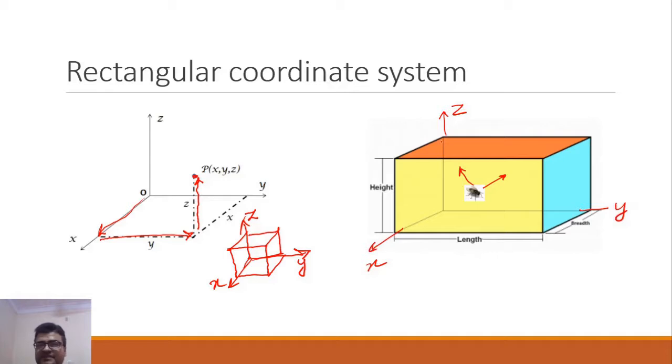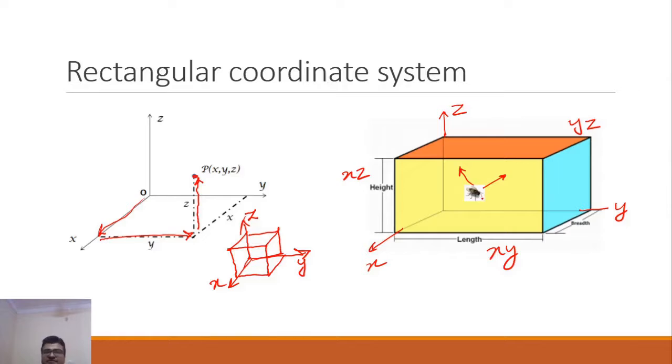And with the help of these three axes, we have three planes. As I have already told you, we have xy plane, we have xz plane, and there is another known as yz plane. So we can either use three axes or we can use three planes to locate the position of this fly at any point of time.